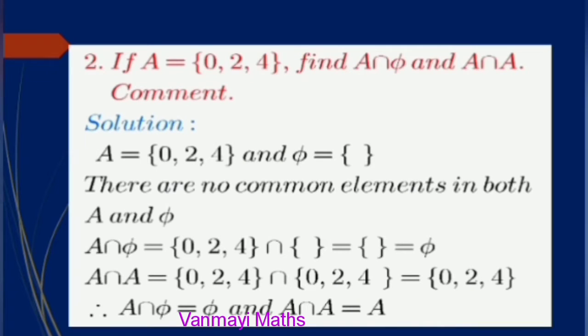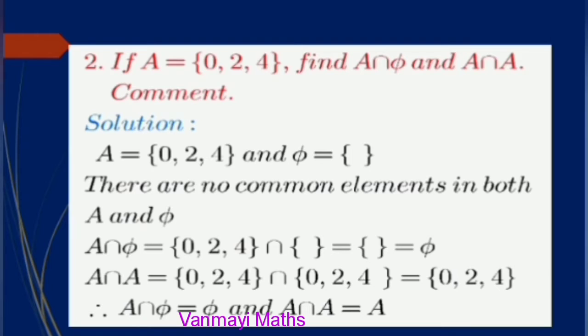Second question, if A is equal to 0, 2, 4, find A intersection phi and A intersection A and make a comment. So A is equal to 0, 2, 4, elements are there, and phi is the empty set, so there is no element. So A intersection phi is equal to the empty set.